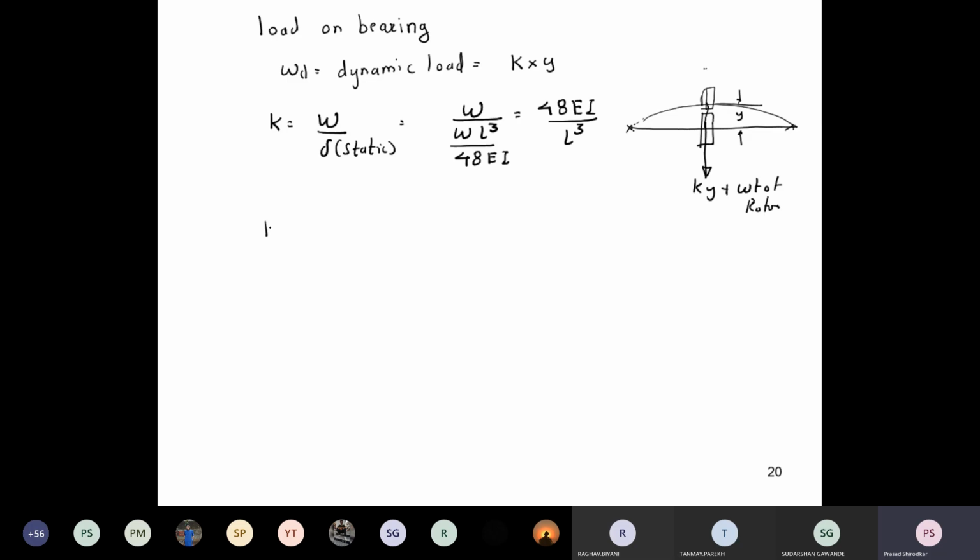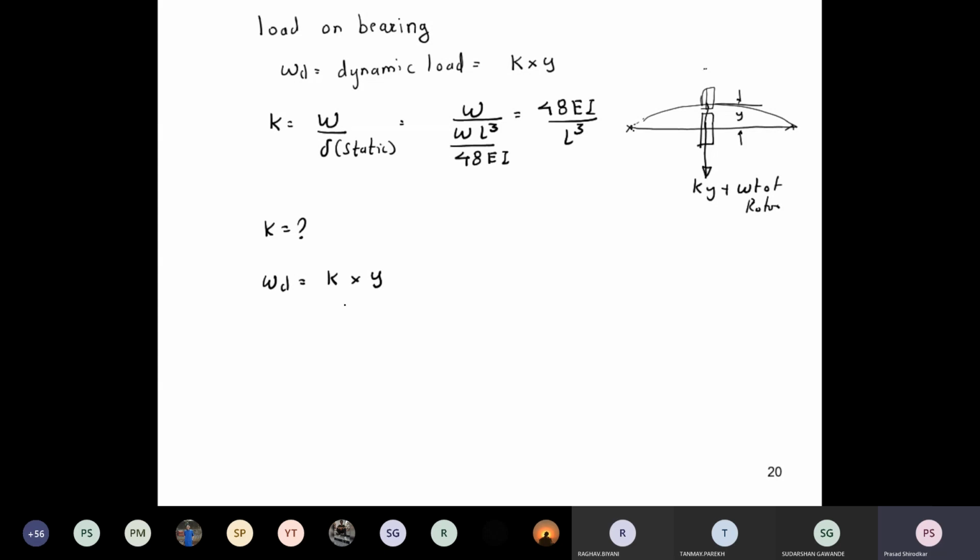Calculate the value of stiffness K. Once you calculate K, calculate the dynamic load, that is equal to K into Y, which you calculated in the earlier step.